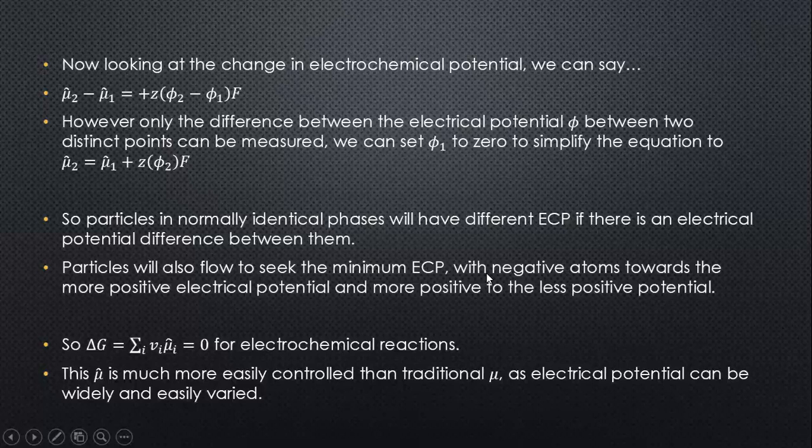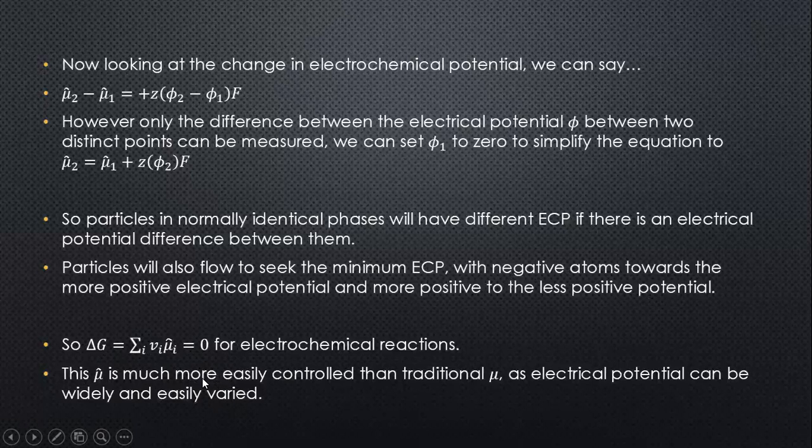So negative atoms will move towards a more positive ECP, and more positive atoms will move towards the less positive potentials. So delta G is going to be the sum of all of our ECPs, but that also has to equal 0 for all electrochemical reactions.